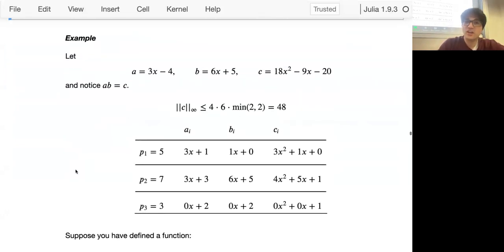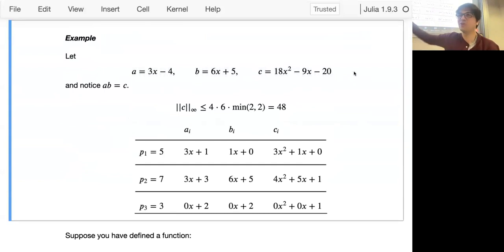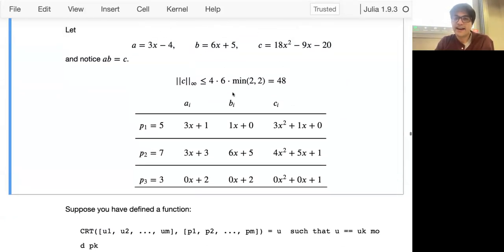Okay, so how do we then use this to do multiplication? Here's a real example. I have A, B, and C. C is hidden; we don't actually know that this is the product yet. I'm just writing it down for us because this is a tiny example. The height of C is 20, the height of A is 4, the height of B is 6, and the minimum non-zero number of terms in either is 2.